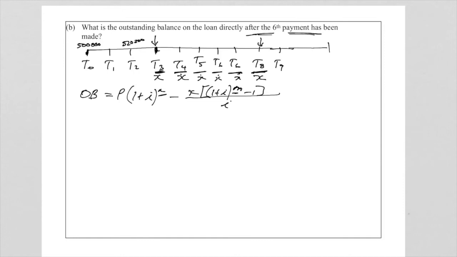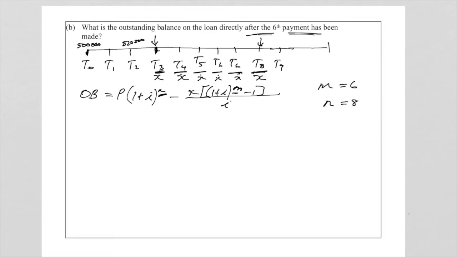So let us now just see what we're going to substitute. Our M, because that is our future value, will be equal to 6 payments. The n in the compound interest will be 8, because we're going to grow that loan of 500,000 Rand for 8 months, right up to T8.